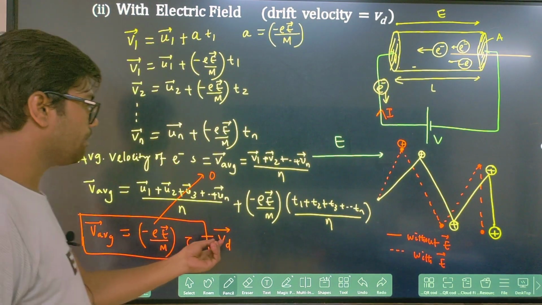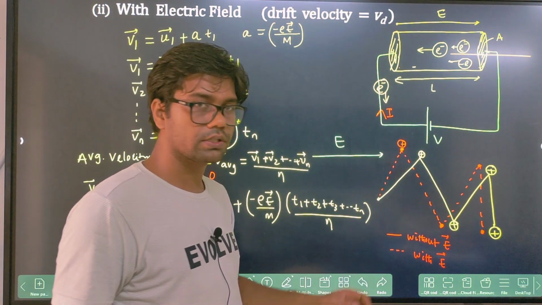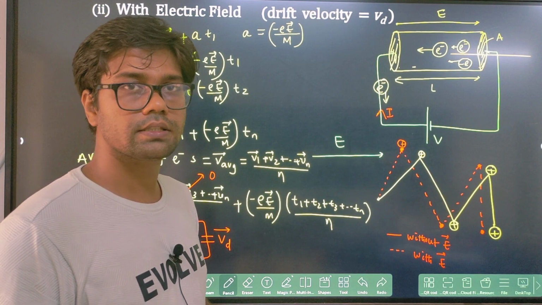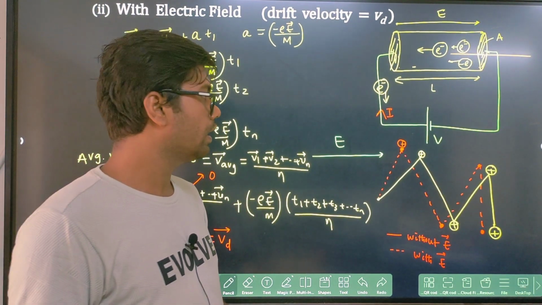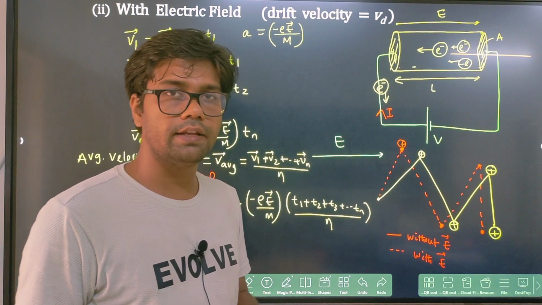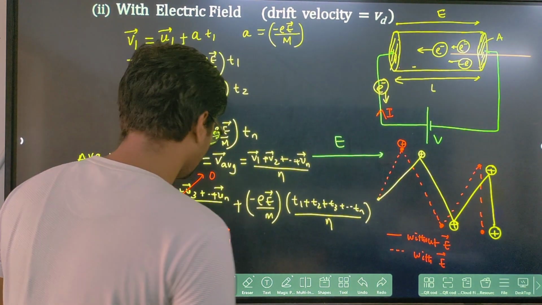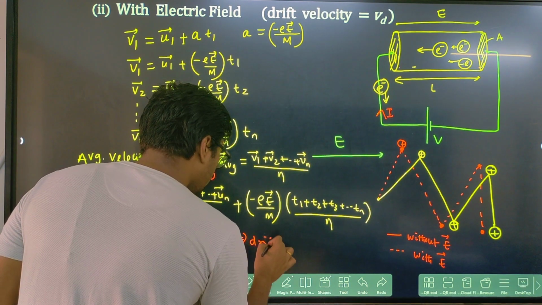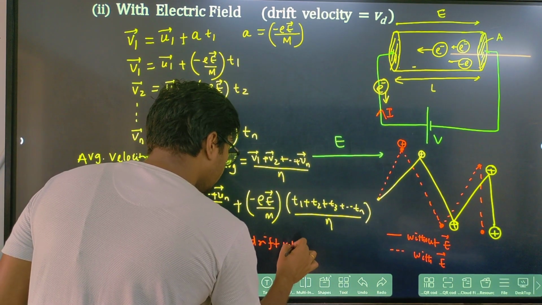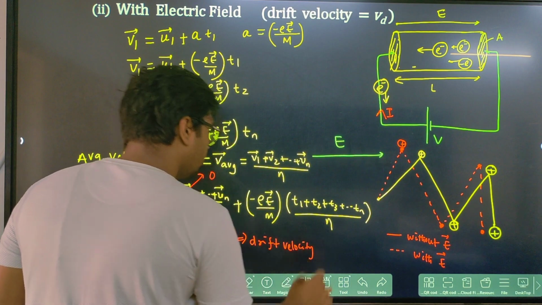This is also called drift velocity, right? So what is a drift velocity now? Drift velocity is basically defined as the average velocity of electrons in presence of electric field. Why is it called drift velocity?